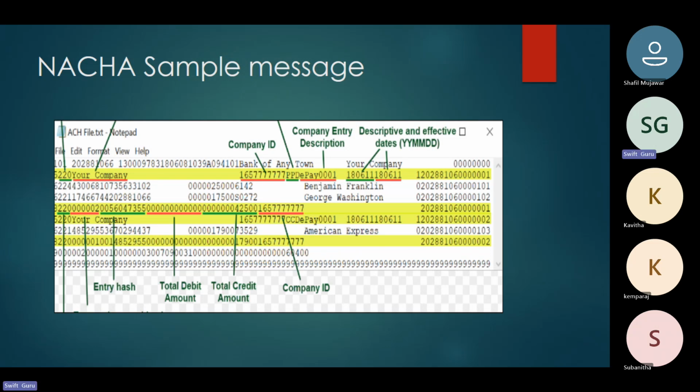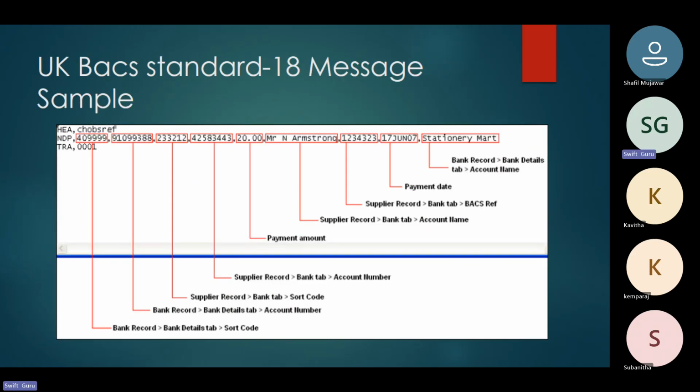This is one sample snippet extracted from the internet. This is a NACHA sample message, their local payment system, which is a flat file based message. Where is this NACHA used? NACHA is of US, is it?